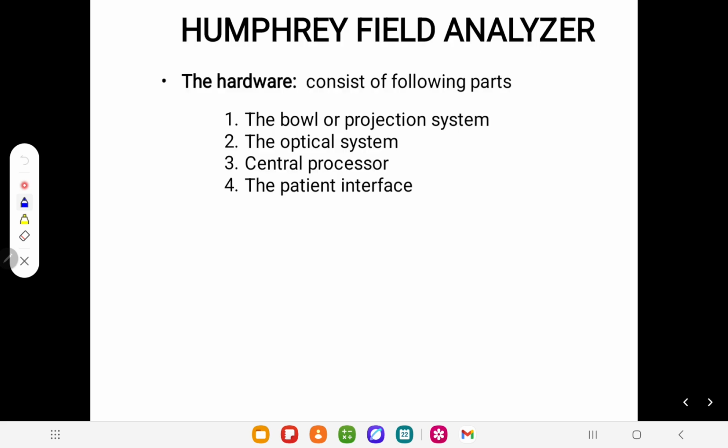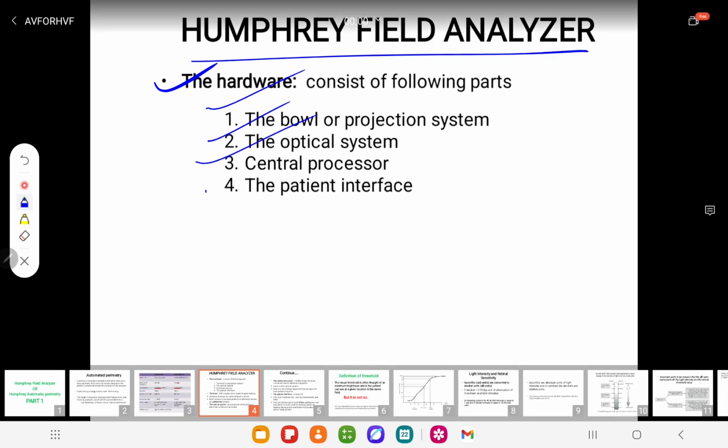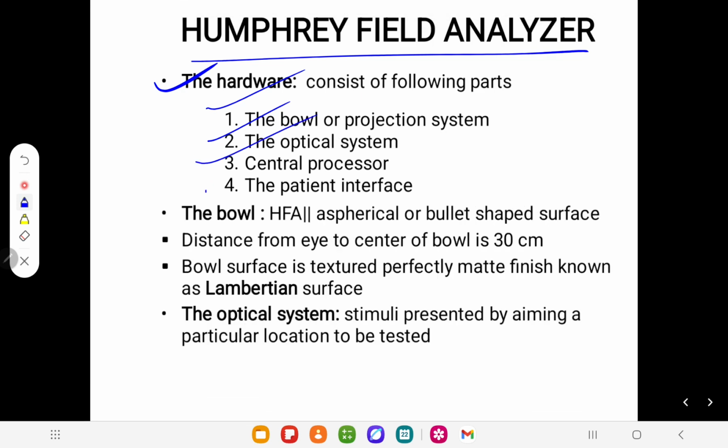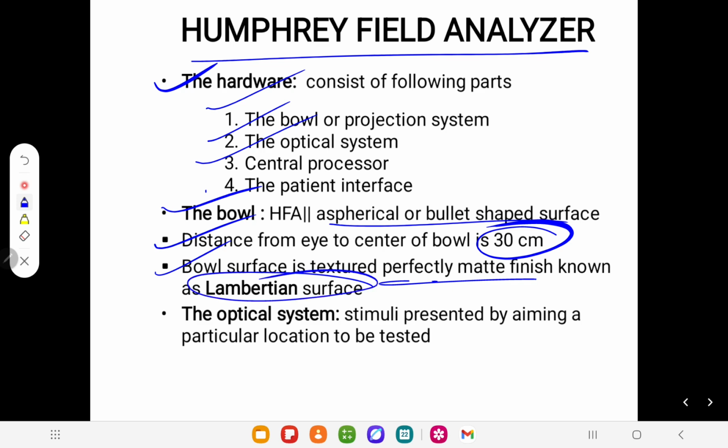So let's move on and discuss a few hardware and software things. In the case of Humphrey, we are not going to talk about any other perimetry. Hardware consists of the bowl, optical system, central processing, and the patient interface. The bowl is spherical, bowl shaped. The distance of the eye from the bowl is approximately 30 centimeters, and the bowl is perfectly matte, that is a Lambertian surface.